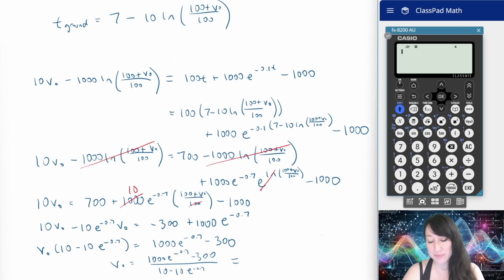Let's calculate. So we get 39.1, rounding to one decimal place, meters per second.